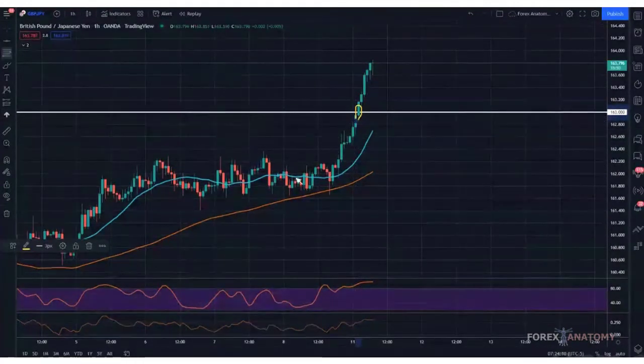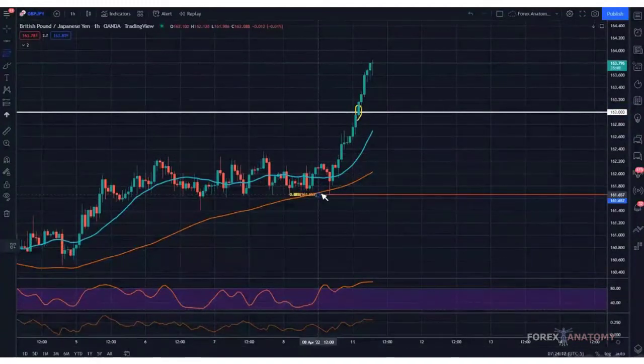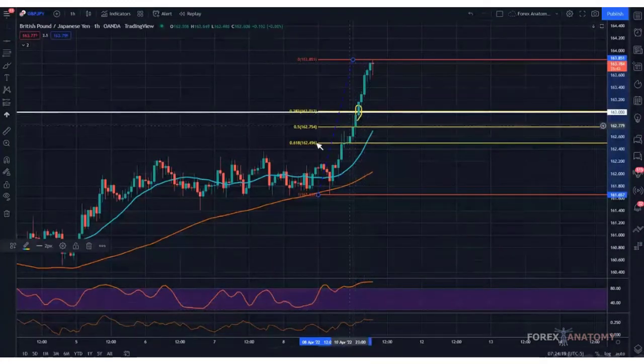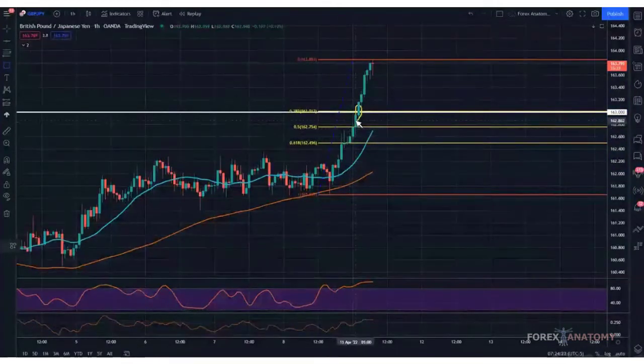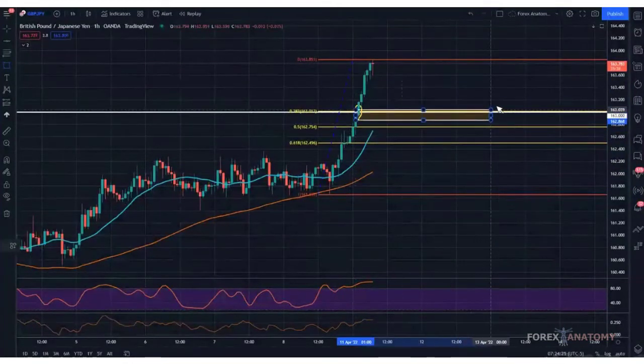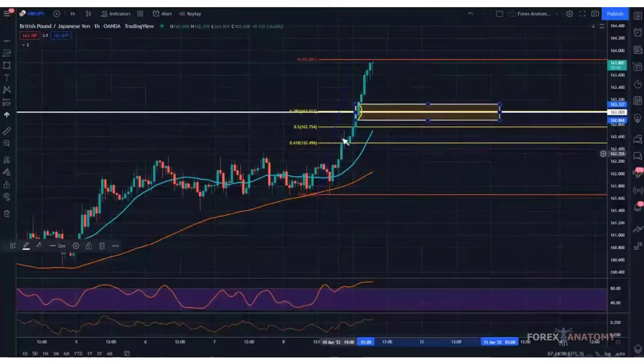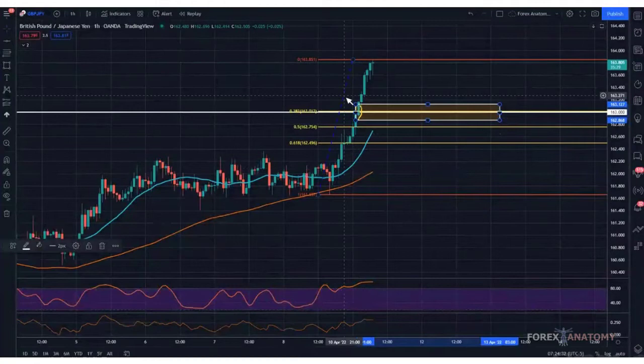And last but not least, we want to do our Fibonacci. Right here, we see that it's right around the 38.2. It's actually in the same area as the 38.2. So what I'm going to do right now is draw out this zone from here all the way to here, and we're just going to wait for price to come to us. We have an area of confluence.